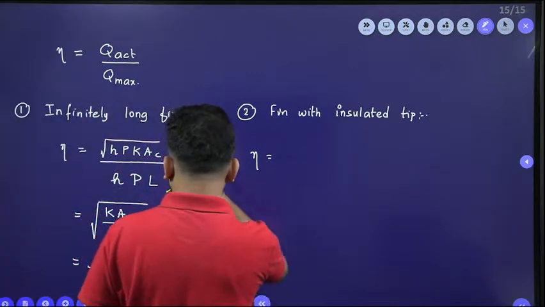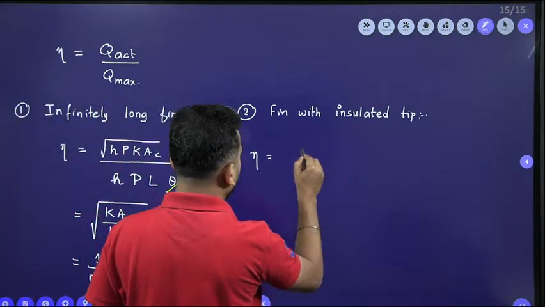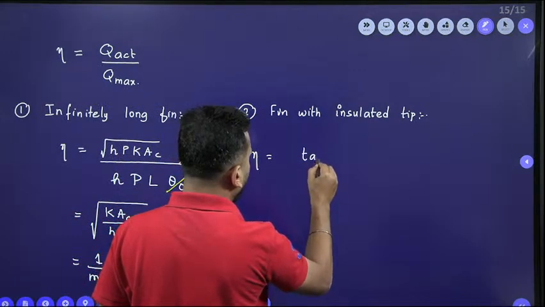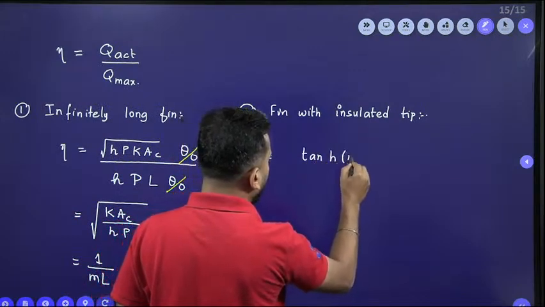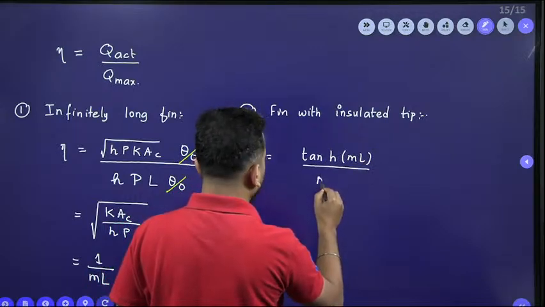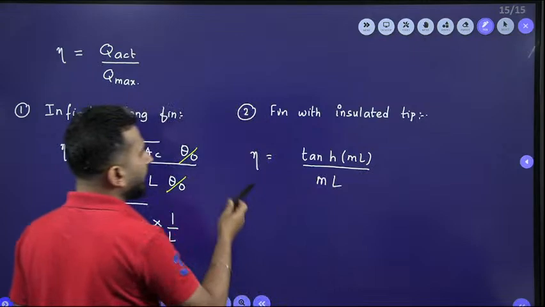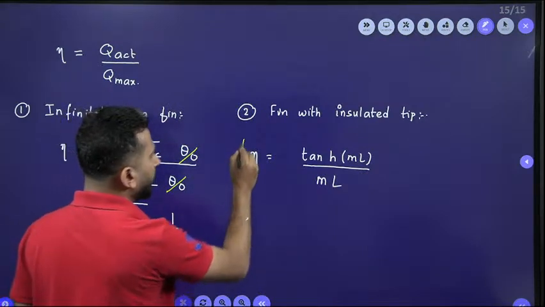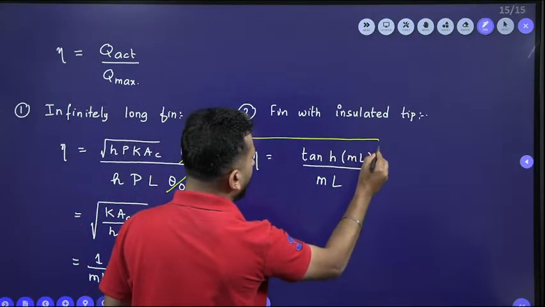So if I use the same one, I will simply get an extra term of tanh(mL) in the numerator, and rest is all the same. So this is the efficiency equation for the insulated tip.